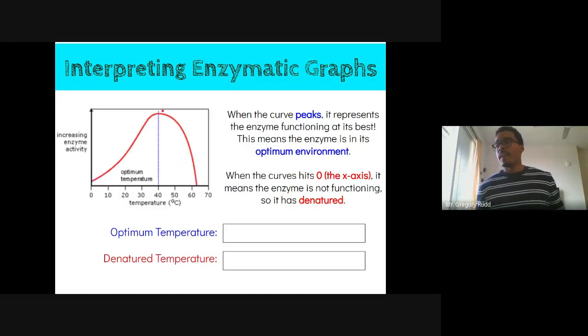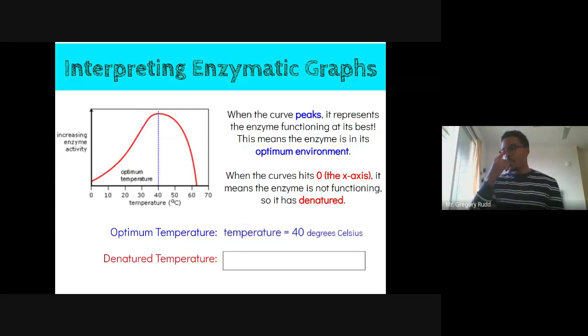All right. Now, temperature is also another thing that we measured. So we've got a different graph here. Can someone tell me what the optimum temperature is for this enzyme? 40, good. 40 degrees Celsius.